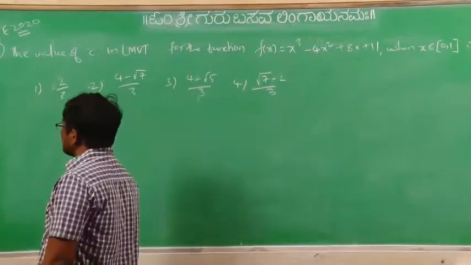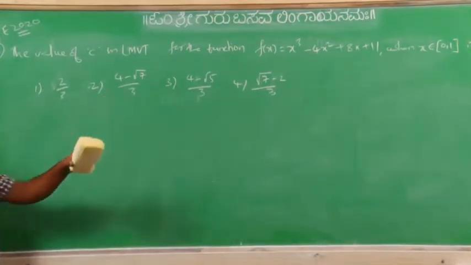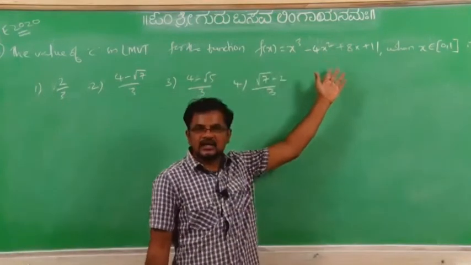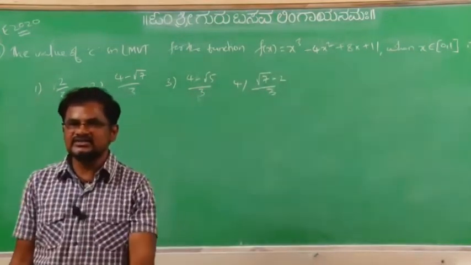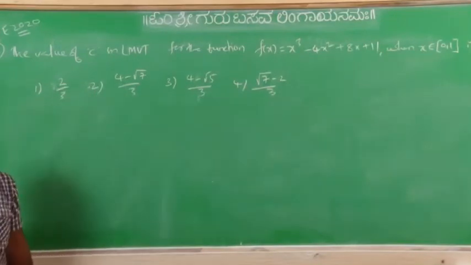By using Lagrange's mean value theorem, find the value of C for the given function. Observe that the given function is a polynomial function, and every polynomial function is continuous and differentiable. So the two conditions of the Lagrange's mean value theorem exist.